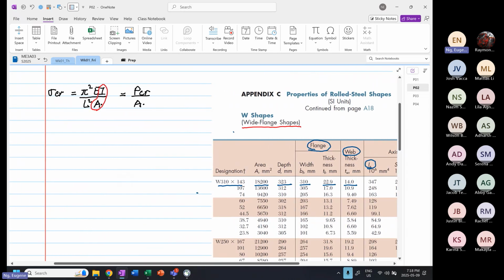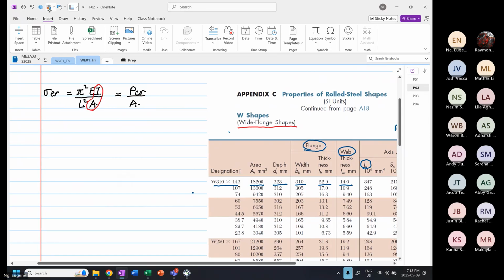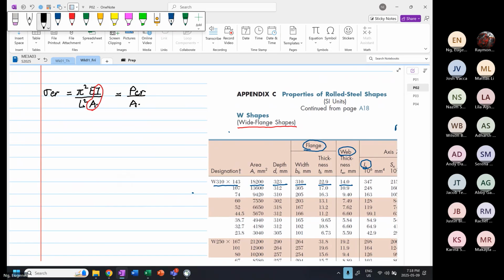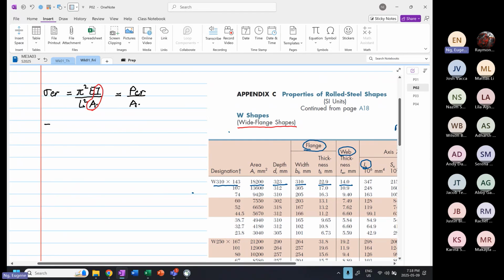So how do we compute the radius of gyration? We come back to here now. The second moment of area, I, is equal to A multiplied by R squared.